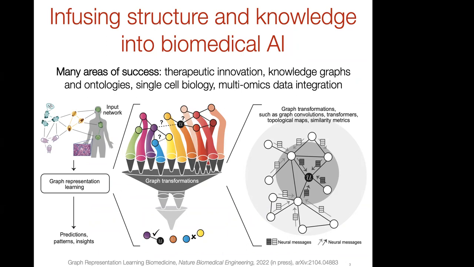The algorithmic paradigm that has enabled that over the last few years has been driven by the success and advances in the broader area of graph representation learning, or machine learning for graphs or interconnected data. That has led to many areas of success, including therapeutic innovation and drug discovery, knowledge graphs and ontologies, single-cell biology, multi-omics data integration, and others.